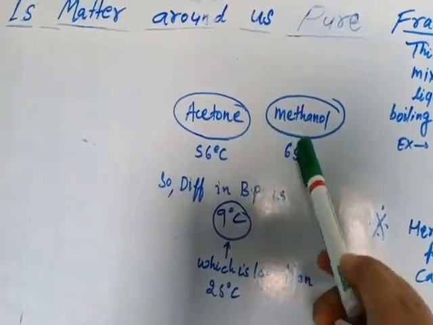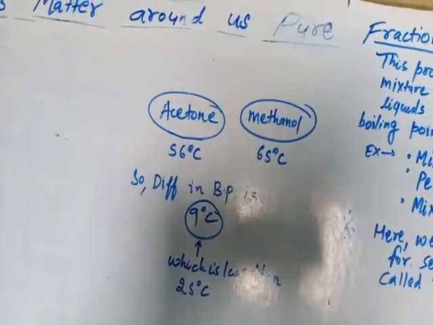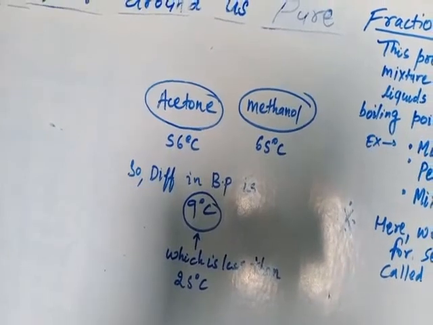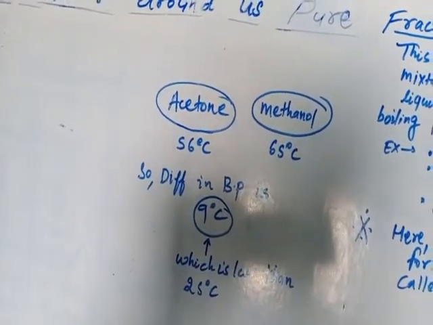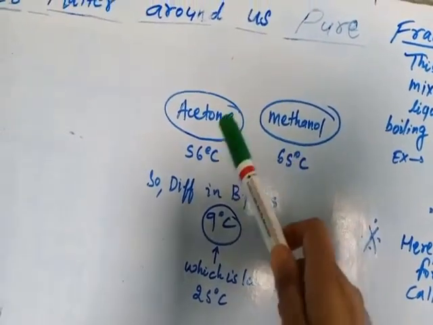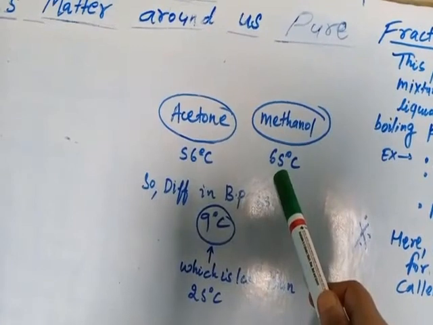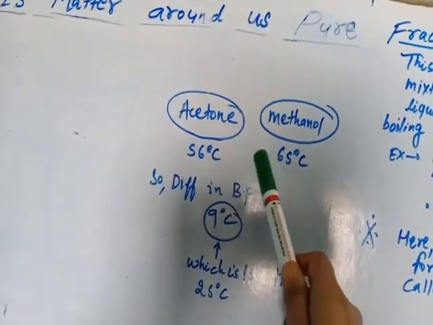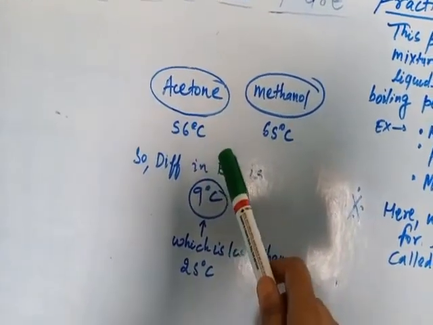So this type of liquid mixture we cannot separate by simple distillation, because as per the definition of simple distillation, only those liquid mixtures can be separated whose difference in boiling point is more than 25 degrees Celsius. And here you can see that the boiling points are very close to each other.